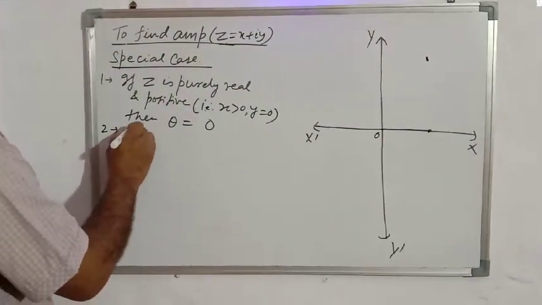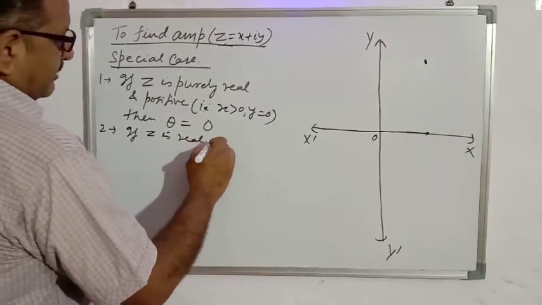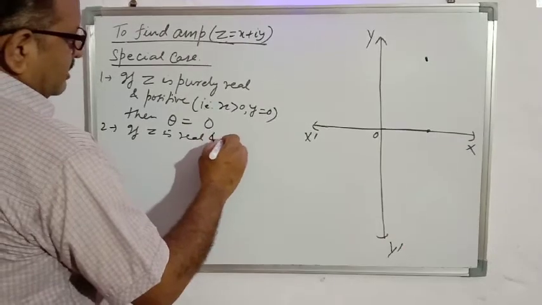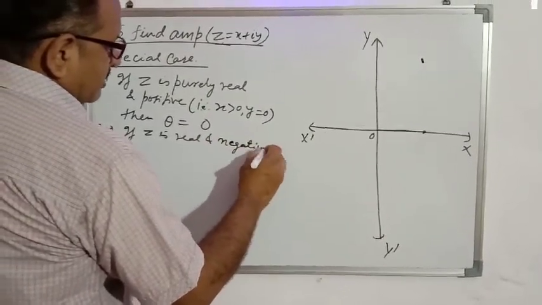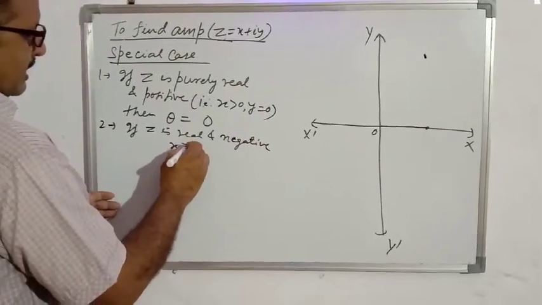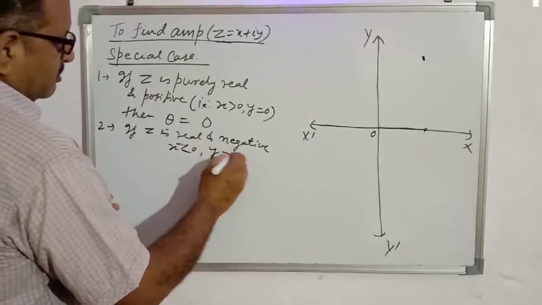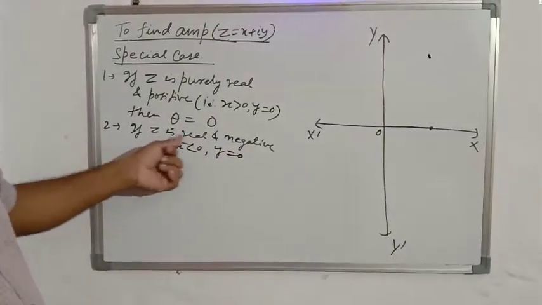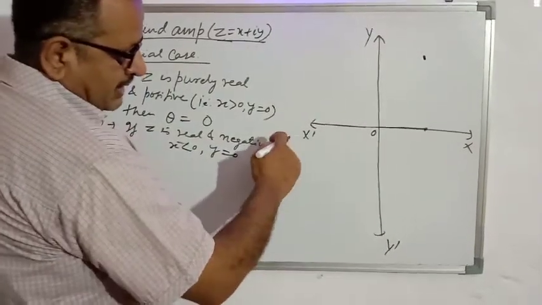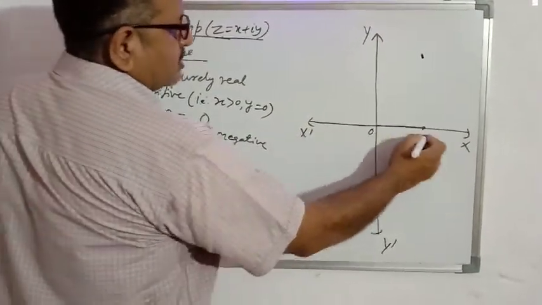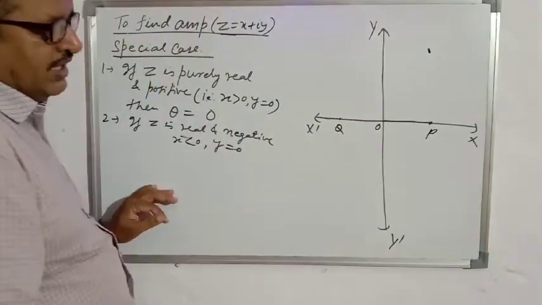Second, if z is real and negative, meaning x less than 0 and y is equal to 0. Z is real but negative, so it will lie on the negative direction of the x-axis.